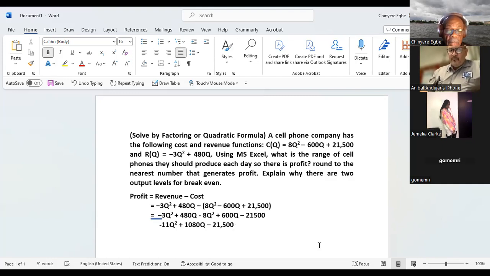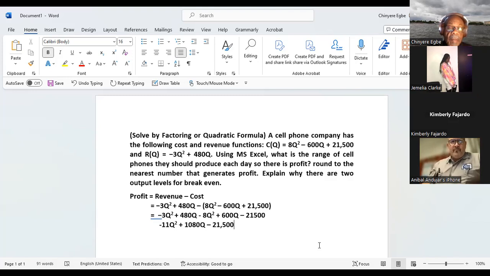Okay. I'm going to pull up the Excel file, and I'm going to take this and put it in Excel so that you can see exactly how to do it. I'm going to copy the equation.